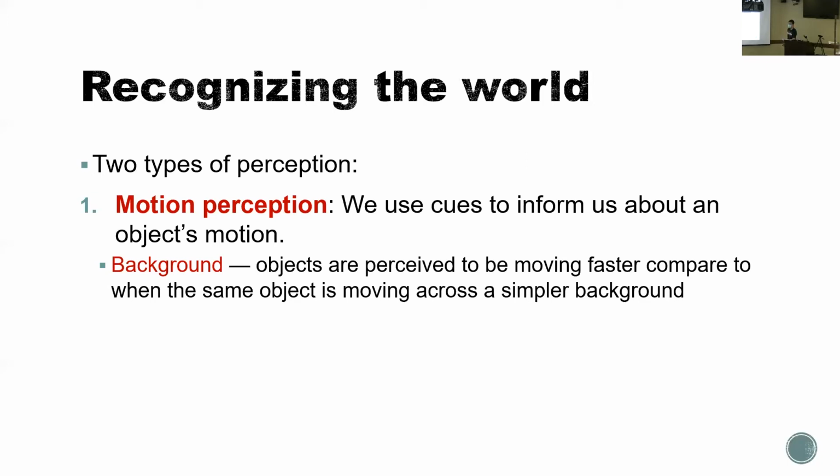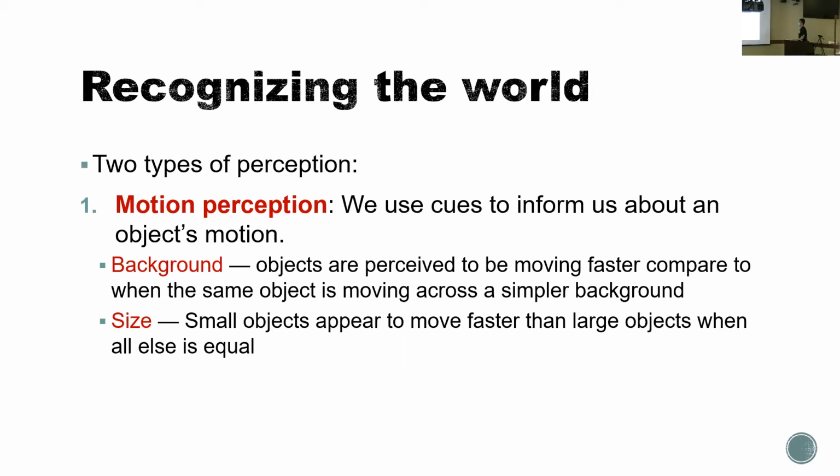Does that make sense? Like when you're in a car. If the outside is very complicated, like buildings and stores, the same speed is perceived as faster compared to being on a highway where nothing is out there. Okay, so if it's a more complicated background, you perceive it as faster.